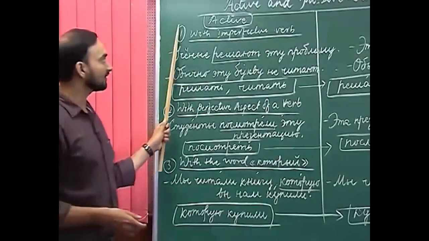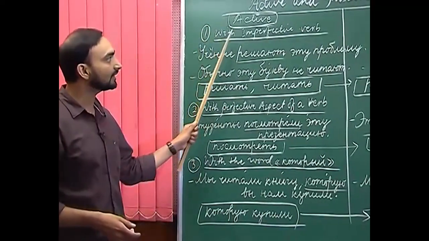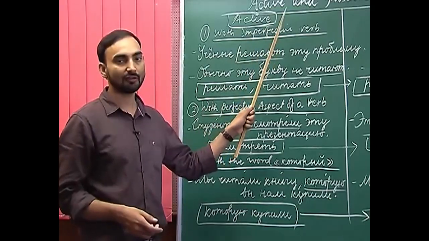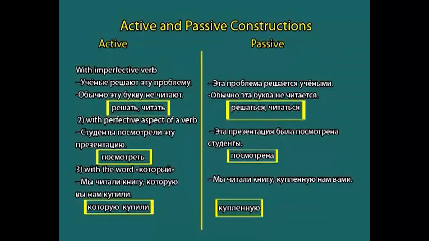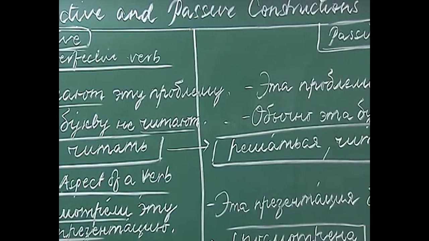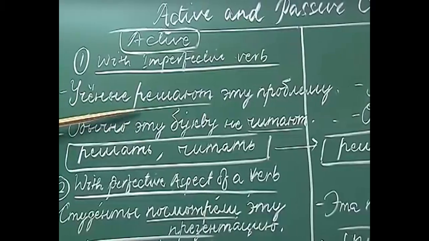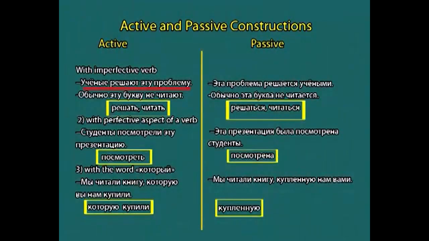So, the first active construction is with the imperfective aspect of the verb. So, if you come across an active construction with the imperfective aspect of the verb, how do you change the construction into passive? For that, let us look at the first example. Учёные решают эту проблему.